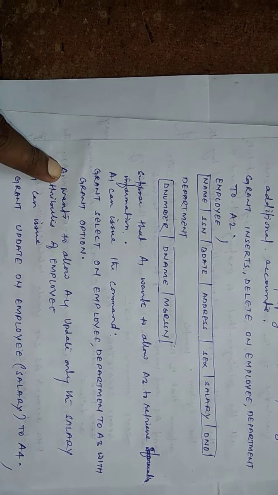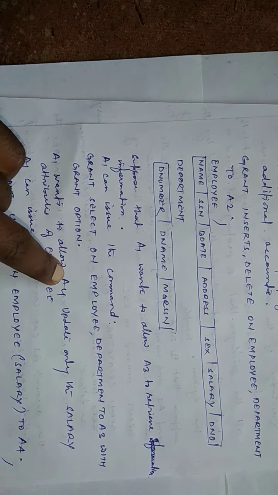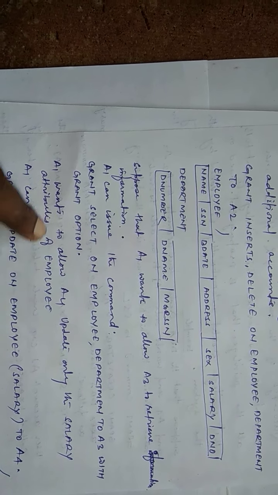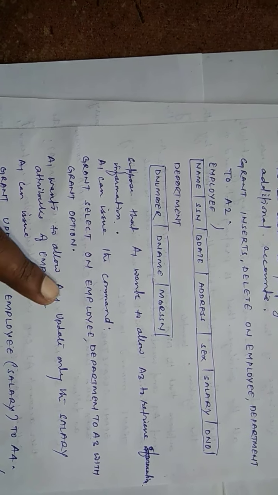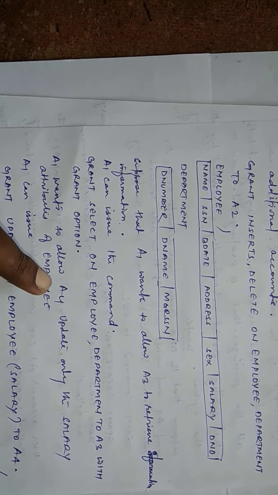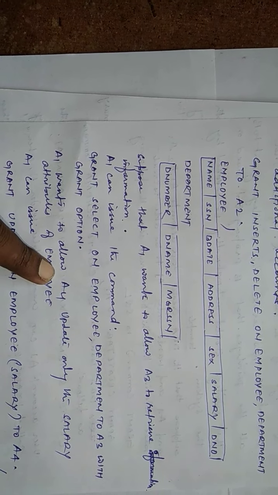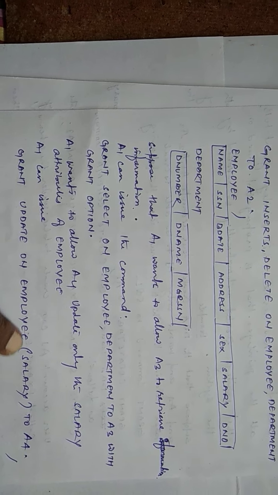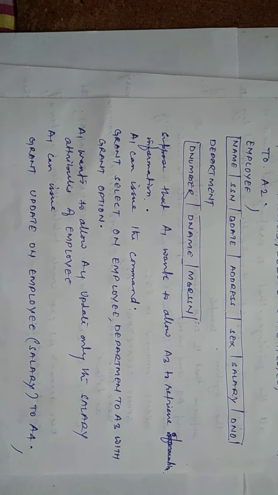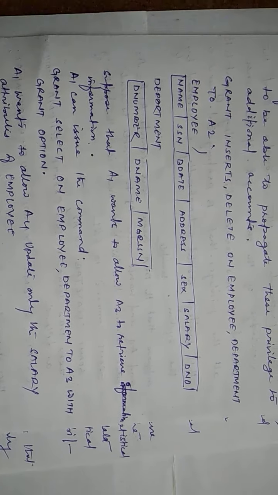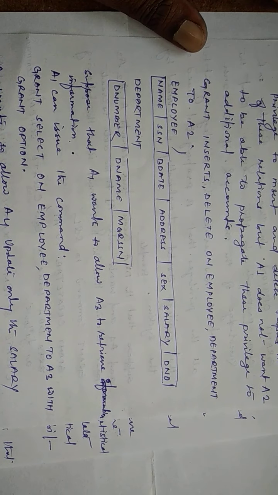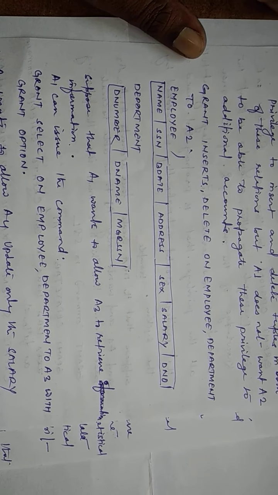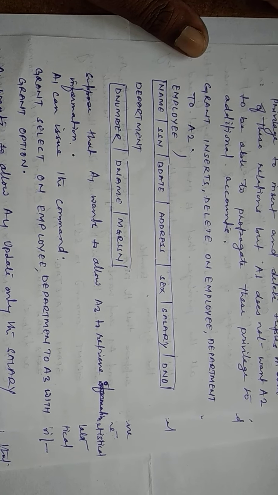And after that, A1 wants to allow A4 to update only the salary attribute of EMPLOYEE. So: GRANT UPDATE ON EMPLOYEE(SALARY) TO A4. So this is the propagation of privileges using the grant option.